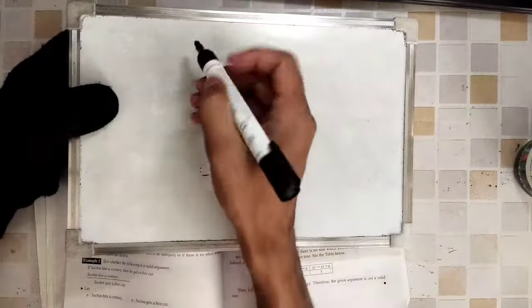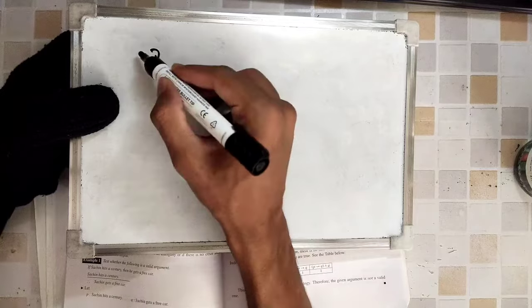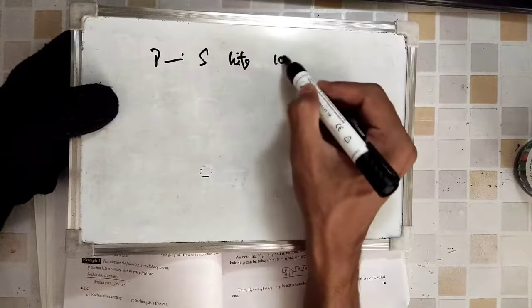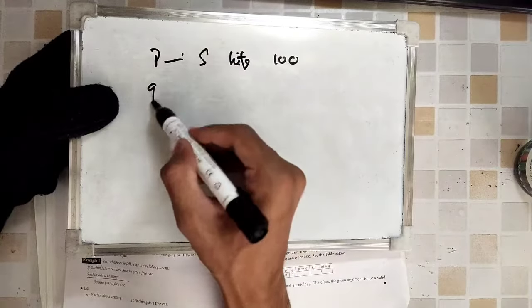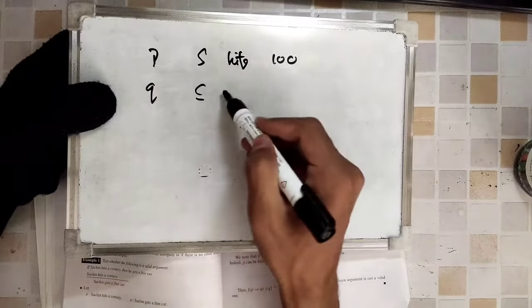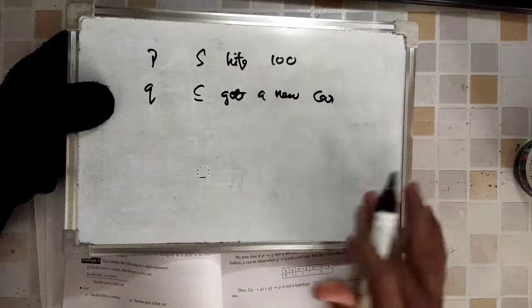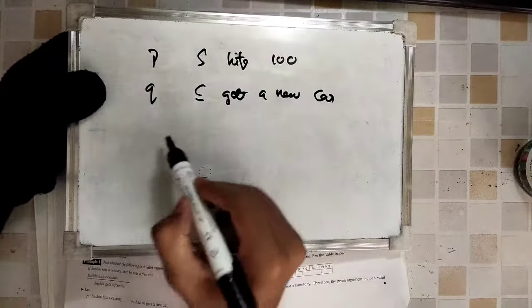Let me just show here. If Sachin hits a century, that is proposition P, and Q is Sachin gets a new car.